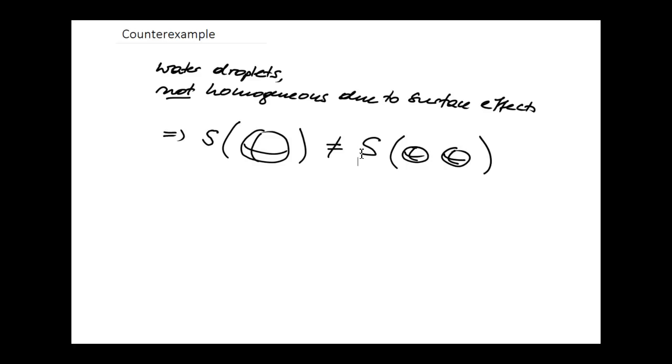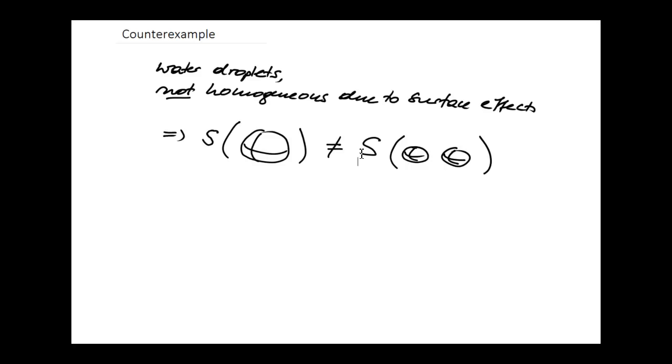You can say when I insulate the system so I don't have any heat flows between the water droplet and its environment, then I have no heat exchange, then the entropy should be conserved. We'll talk about that later when we talk about thermodynamic processes, the various criteria for conservation of entropy and so on.